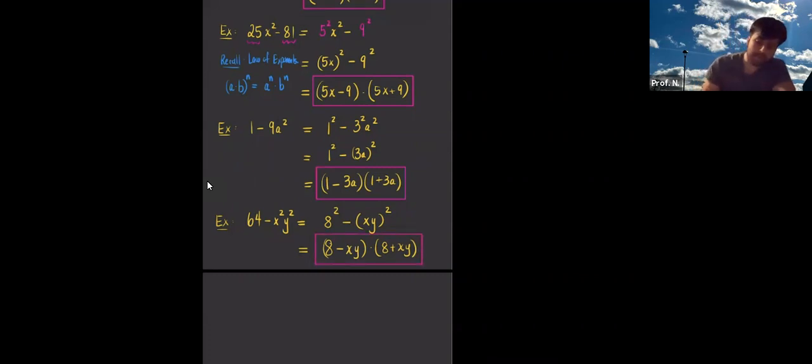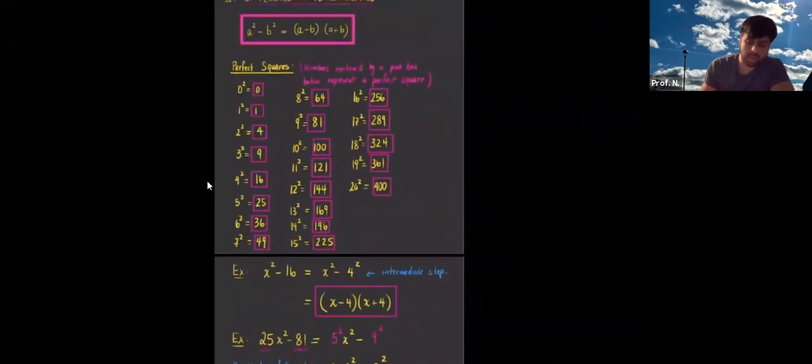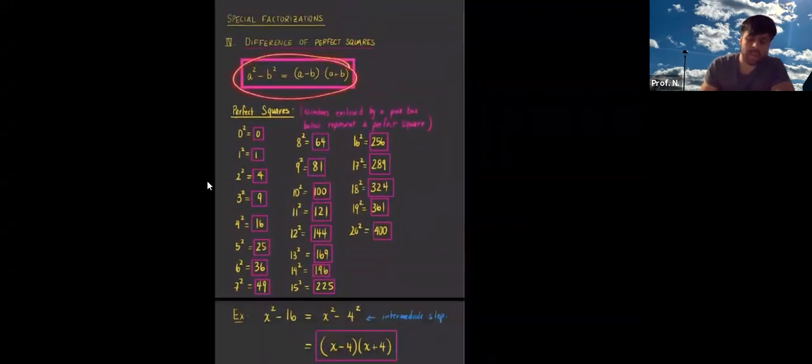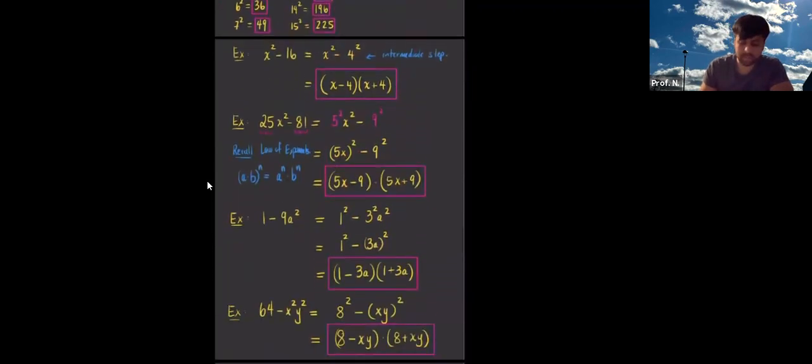Even though maybe it's not something you see every day, the xy, that's the factorization of this particular difference of two squares. So again, I'm just rewriting them in such a way that I can employ the difference of perfect squares factorization.